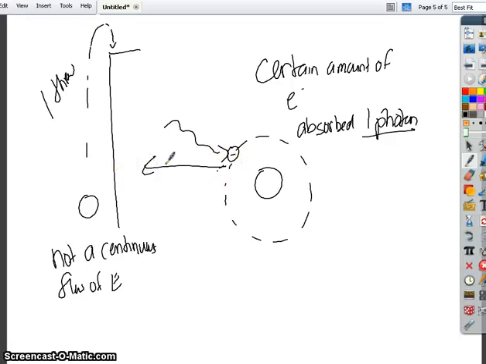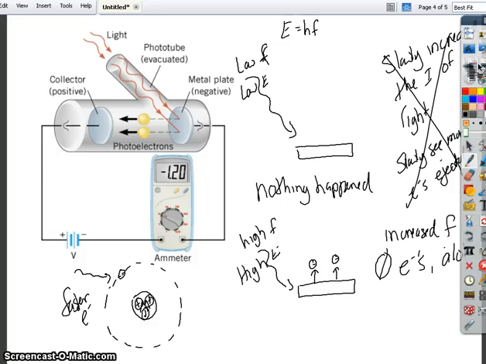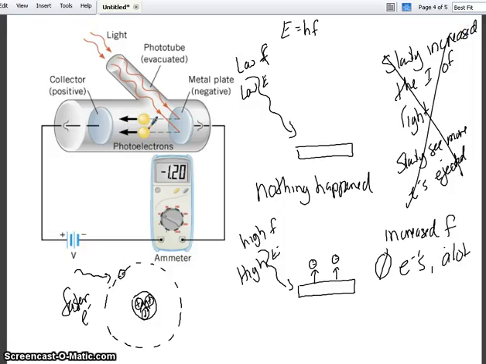It'll leave. If the photon isn't enough, it won't leave. Period. And this amount of energy is based on the frequency. So each individual electron that was leaving the metal, you can see from this picture here, electrons are leaving the metal, had to come from a certain frequency of light. If that frequency of light wasn't enough, if it didn't have a certain amount of energy, it wouldn't leave.